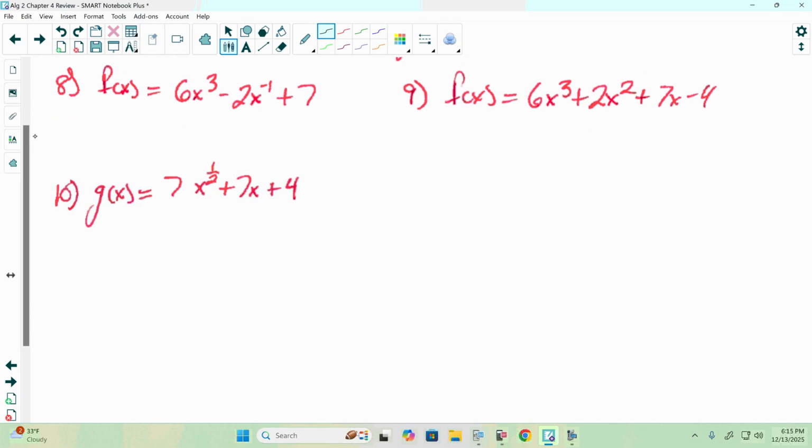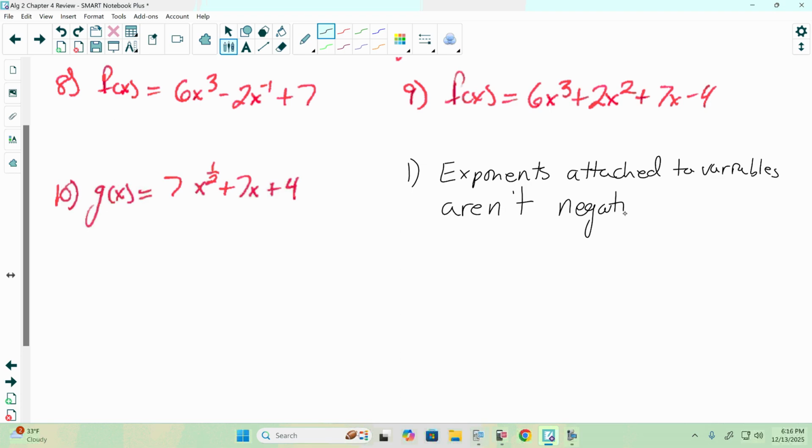If it's not, we say no. We know it's a polynomial function if the exponents attached to variables aren't negative, fractions, or variables.